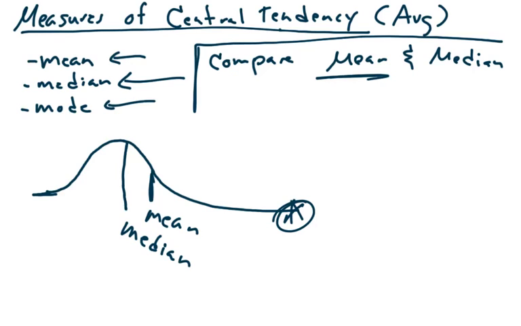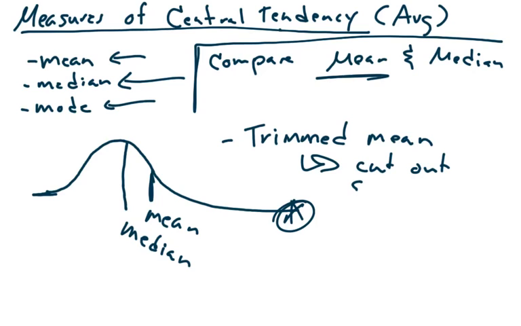So when something is skewed a little bit, when something has extreme values, we want to use the median rather than the mean, okay? Another thing we can do is trim the mean. We can have a trimmed mean, okay? And all that means is we cut out some percentage of the extremes, okay?